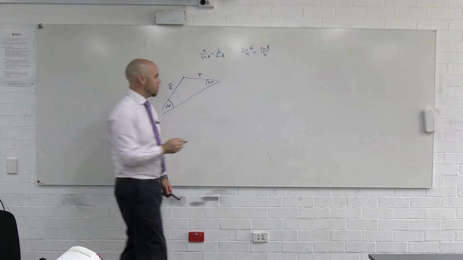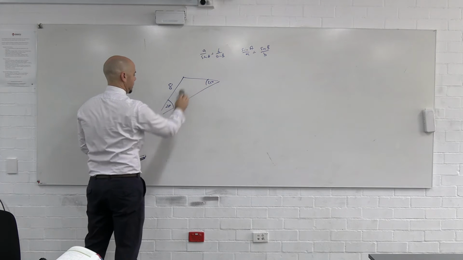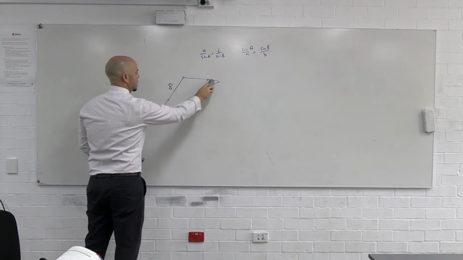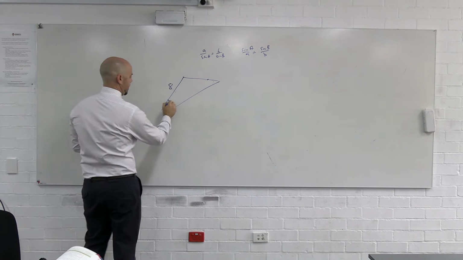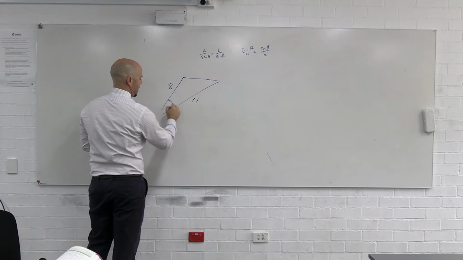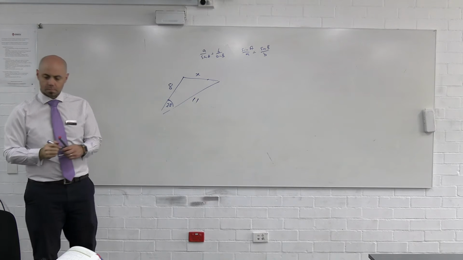There's a problem though when we get to a triangle like this. So we had this triangle again, but instead we had 8 and 11 and 20 degrees, and we want to find that x there.